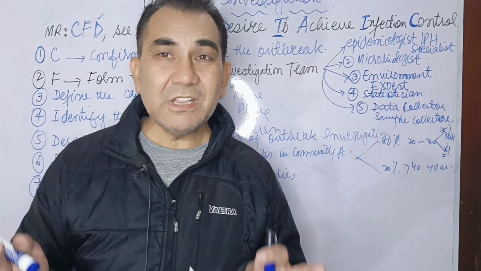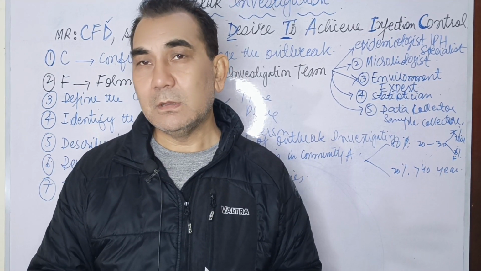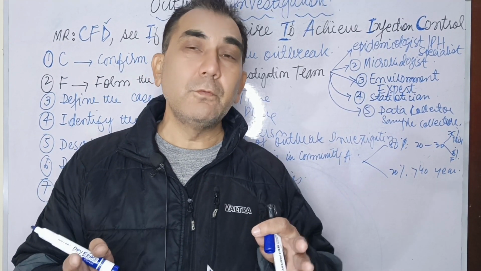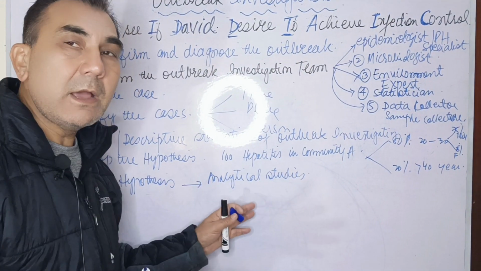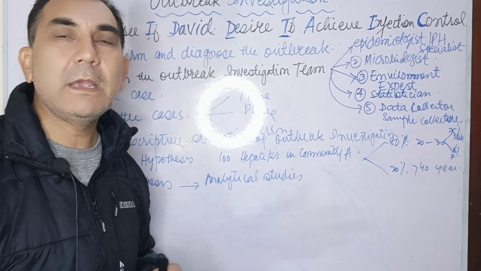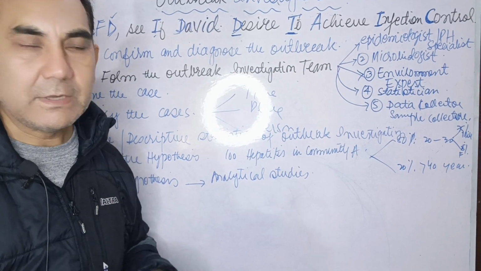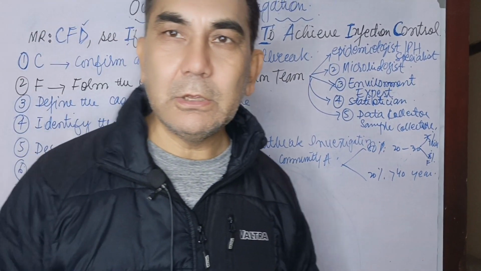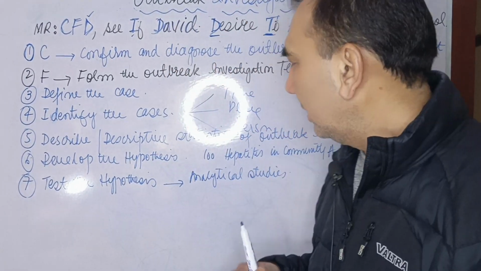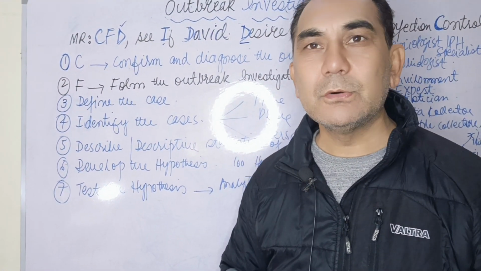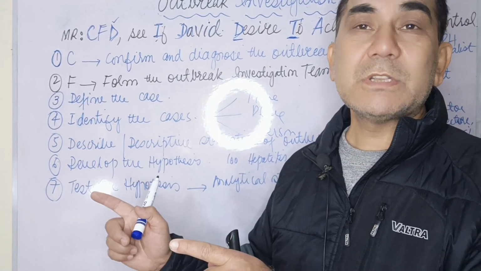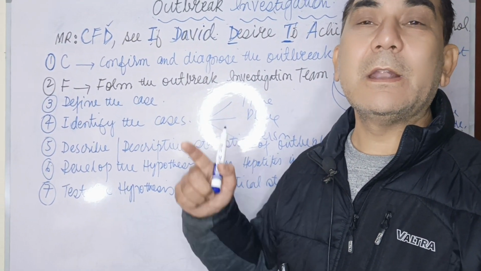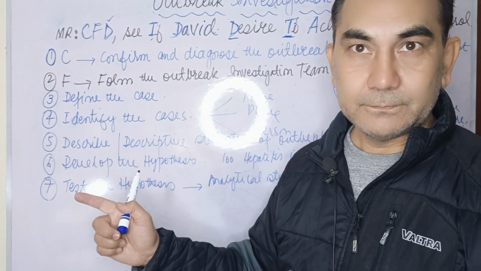So to see this correlation, or to prove and test your hypothesis, you will go for analytical studies. For analytical studies, you will conduct the study in the form of case control or cohort, or you can conduct a cross-sectional study design in analytical form.